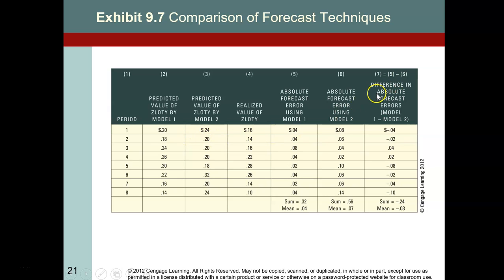And then we have the absolute forecast error using model 2. And the difference in absolute forecast error between model 1 and model 2. Okay, we use model 1 absolute forecast error minus model 2 absolute forecast error.